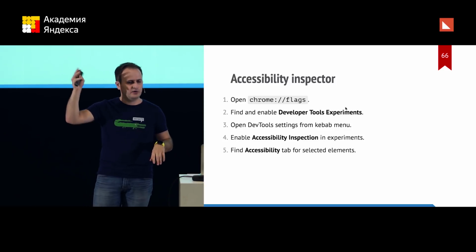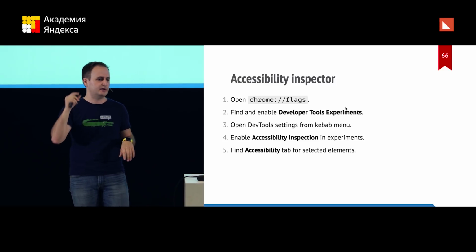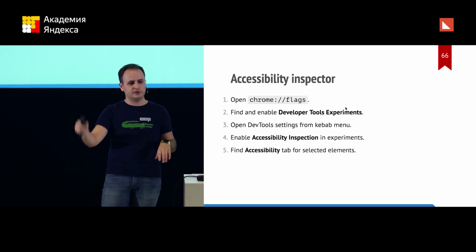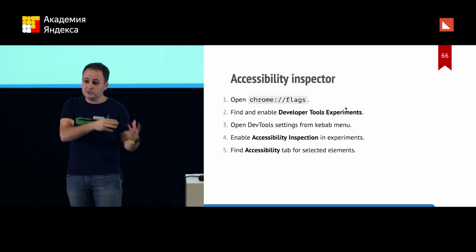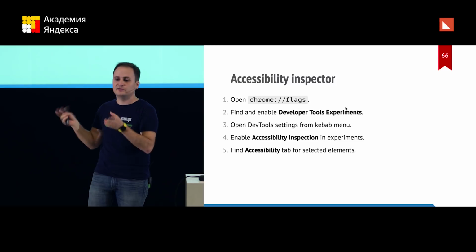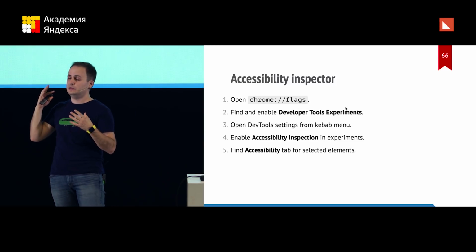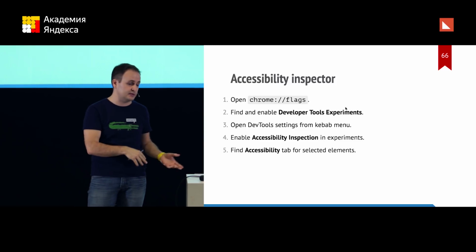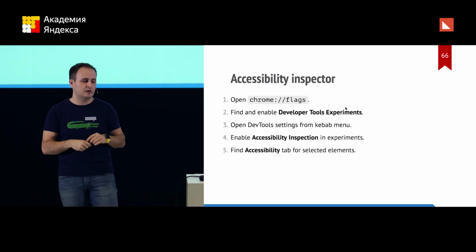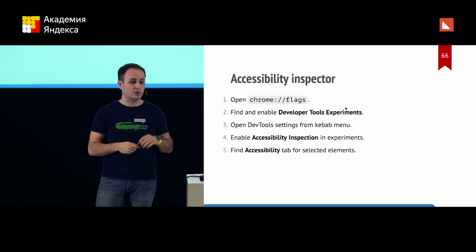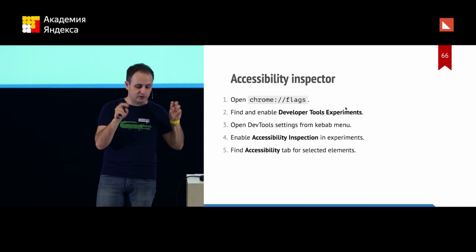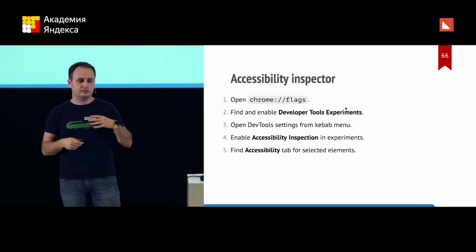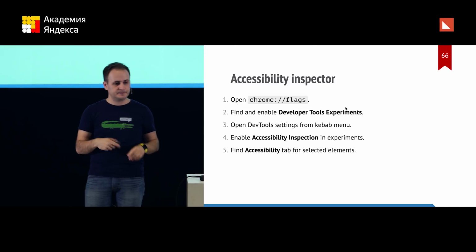On the right side, you will have an additional tab called Accessibility Inspector, and you can actually explore the accessibility tree. It's like the DOM tree, but full of accessible information that is exposed to screen readers and other kinds of agents. So please enable Accessibility Inspector and make sure that your actual elements are conveying some information to users.